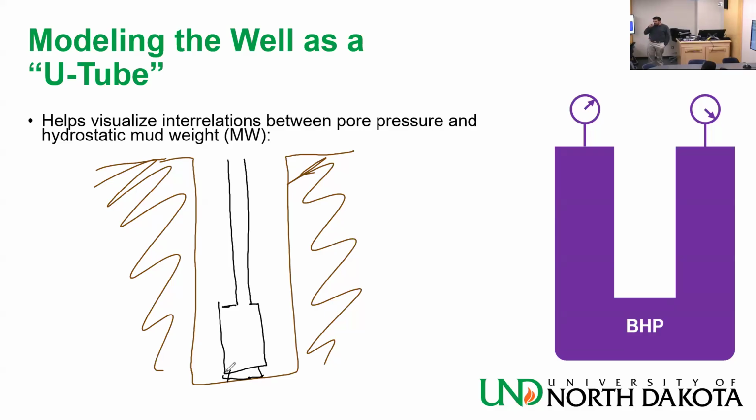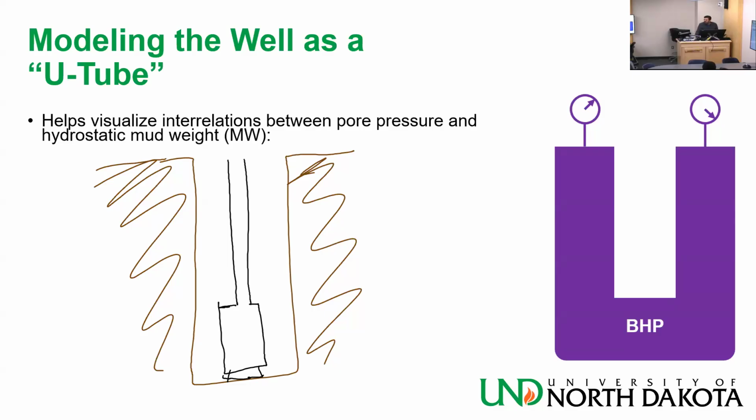Jar is the word that was missing last time, when I was telling you a word that starts with J. It basically has explosives. If you get stuck, you can switch it on, and it can hopefully vibrate your drill string and get it unstuck. All the fancy stuff, rotary steerable systems, etc., is generally thicker than the drill pipe, and then the bit.